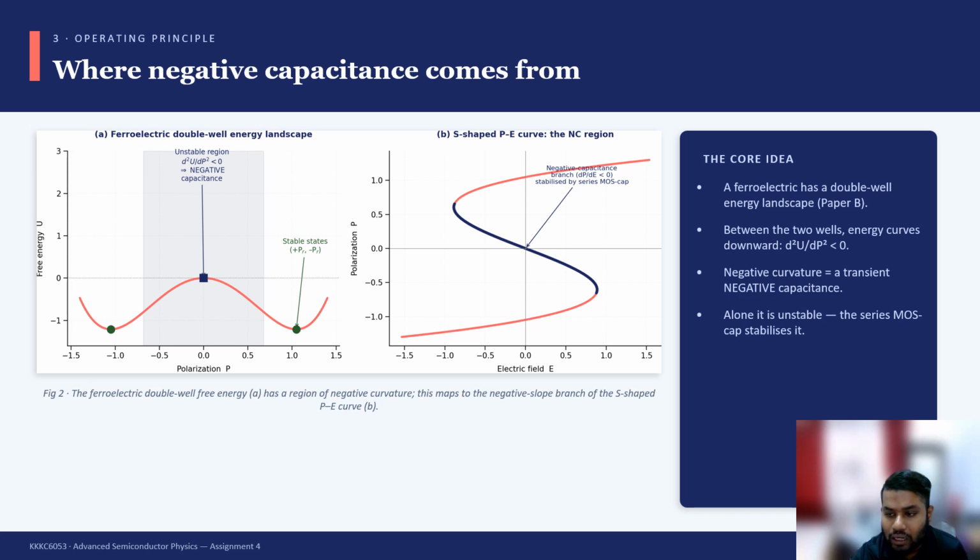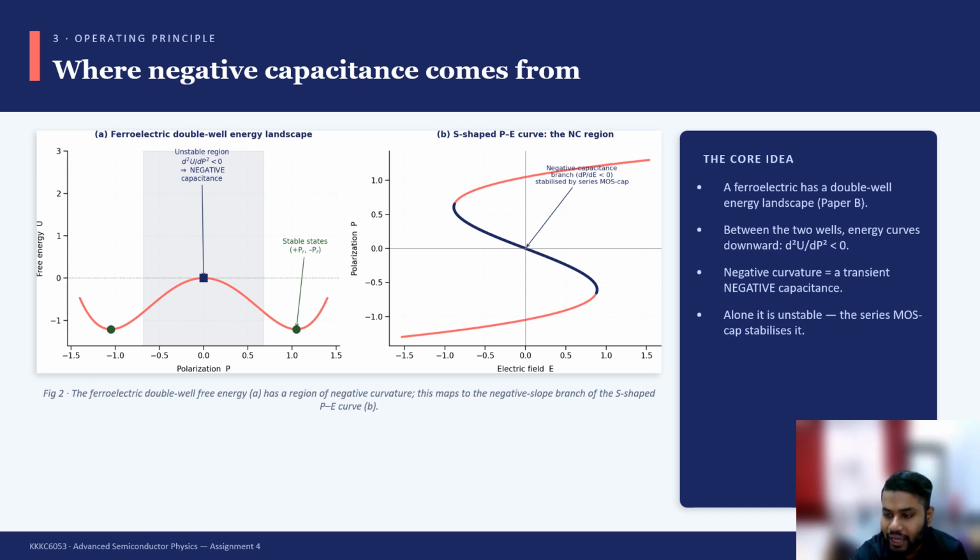Now the heart of the physics, where paper B is especially useful. Ferroelectric materials store energy in a characteristic double-well shape, shown in panel A. The two minima are the stable polarization states, but look at the region between the wells.